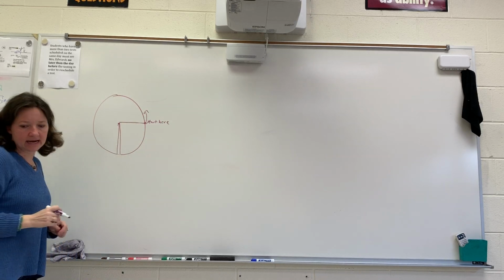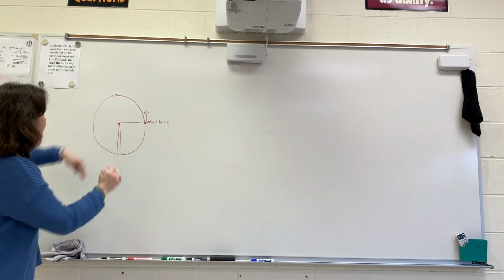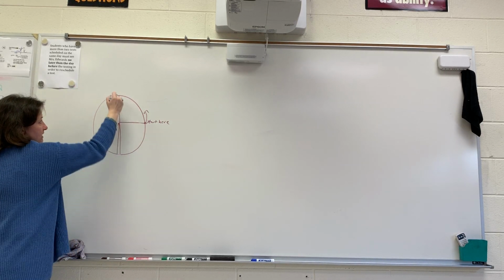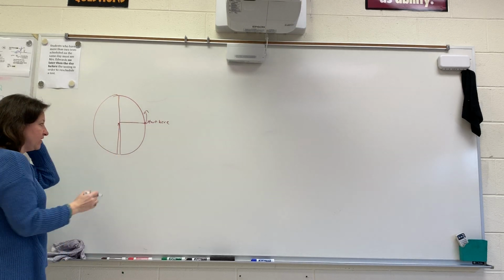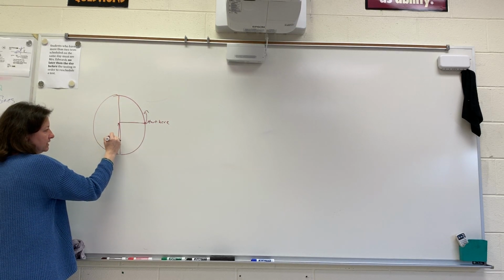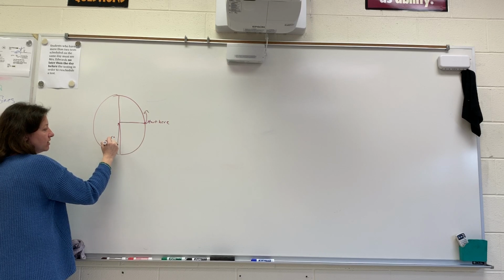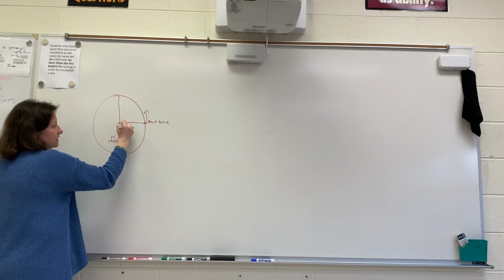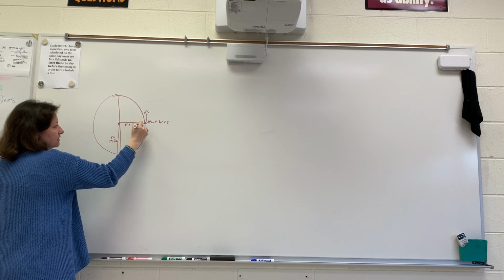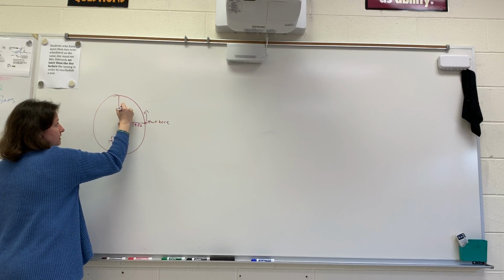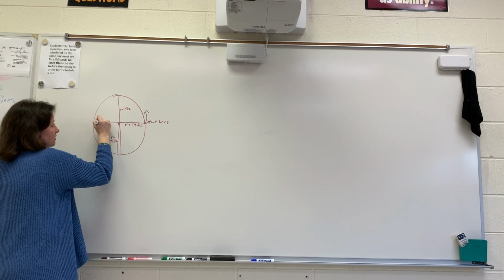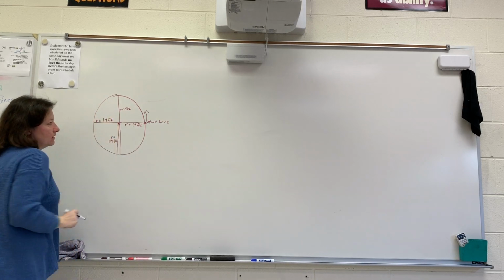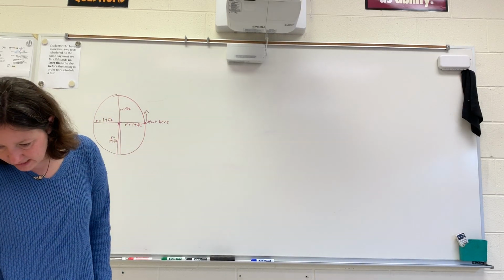If this has a diameter of 38 feet, that would be this length here. If this is 38 feet, what do we know the radius is? That's right, the radius is 19 feet, because the diameter is 38 feet. Okay, let's keep reading.